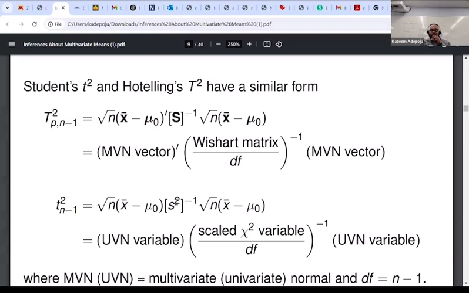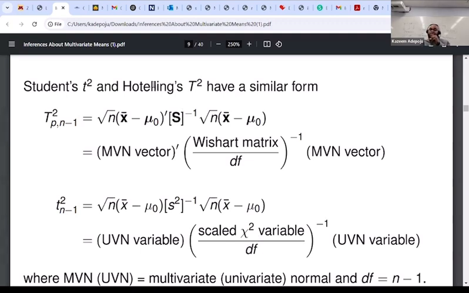If I compare that with the univariate case, the T-squared for the univariate case is just univariate: one sample mean, one hypothesized value, and this distribution is going to be chi-square for the variance. You remember in the univariate case, the distribution for the variance is chi-squared.